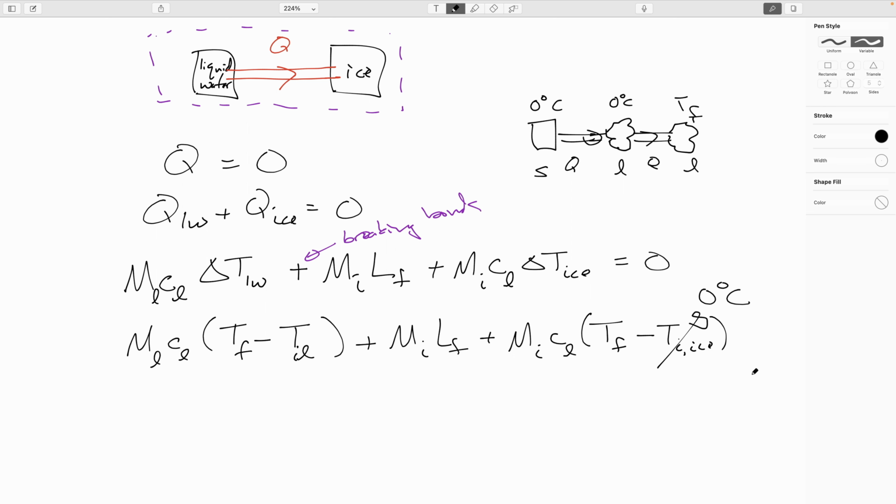Now, here's something where you want to be really careful. The deal here is that the specific heat has units that go inversely as kelvins. But we have to remember that those are temperature differences. So if I look here and here, this is in Celsius, this is in Celsius.